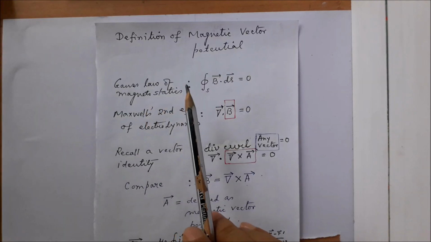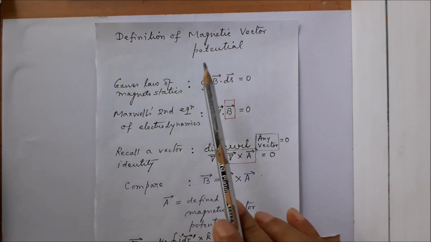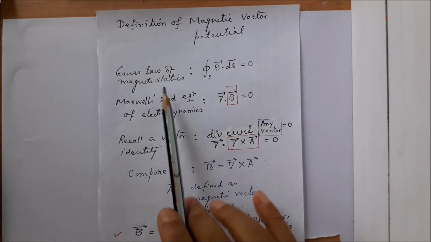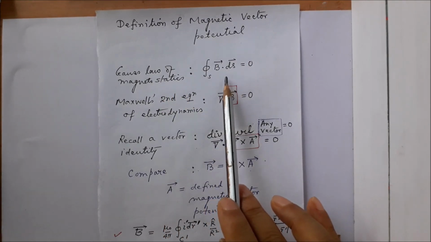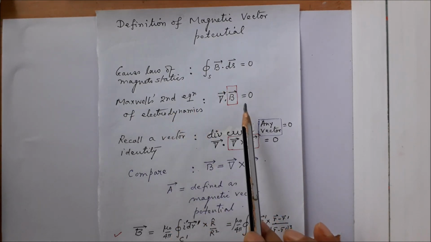Now to the main topic of today's lecture, definition of magnetic vector potential. Let us recall Gauss' law of magnetostatics, this integral form from which follows Maxwell's second equation of electrodynamics, divergence B equal to 0, which we did in an earlier lecture.